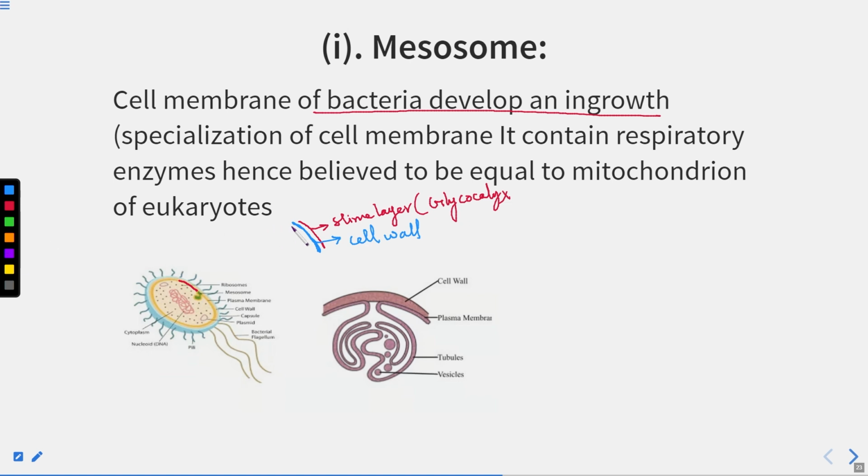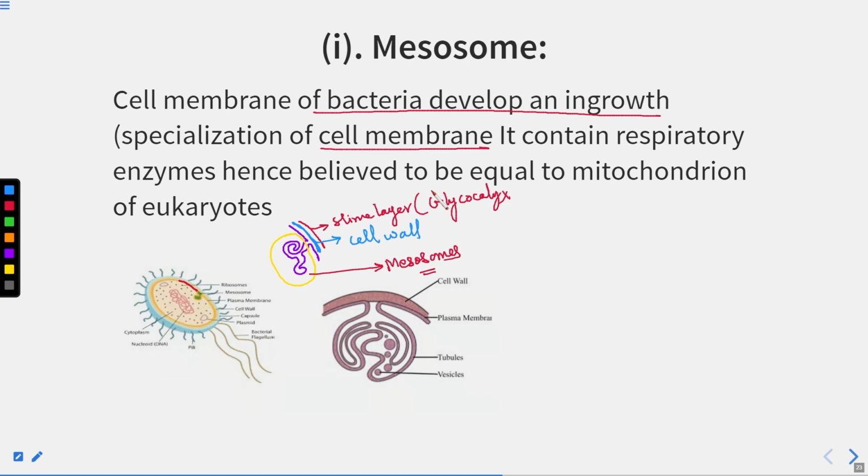And then comes the inner, that is the plasma membrane. At some places this plasma membrane invaginates and forms a structure like this. Now this structure is called mesosomes, right?